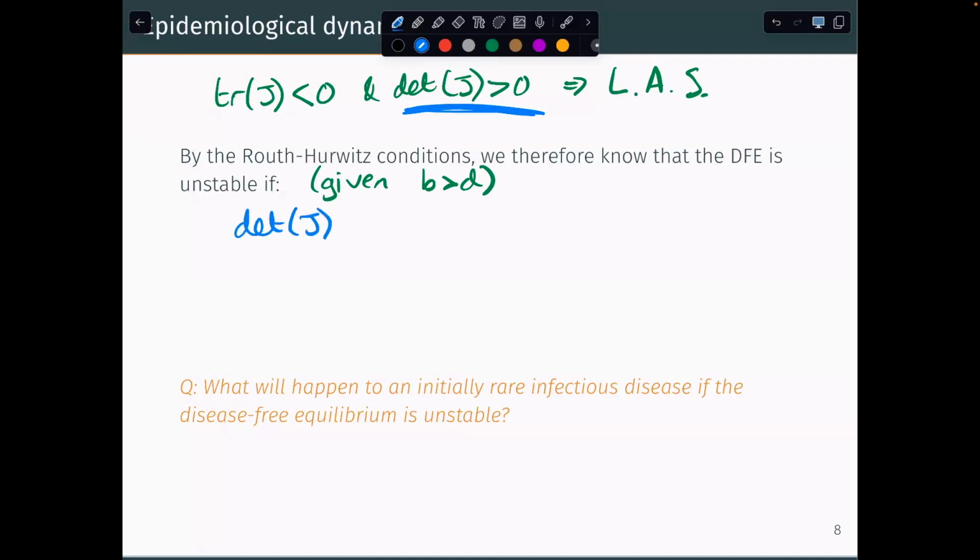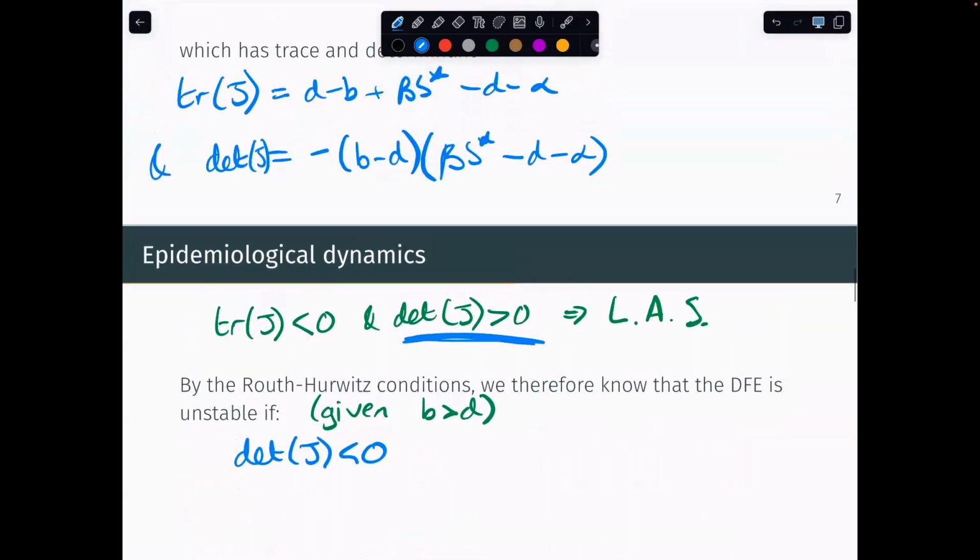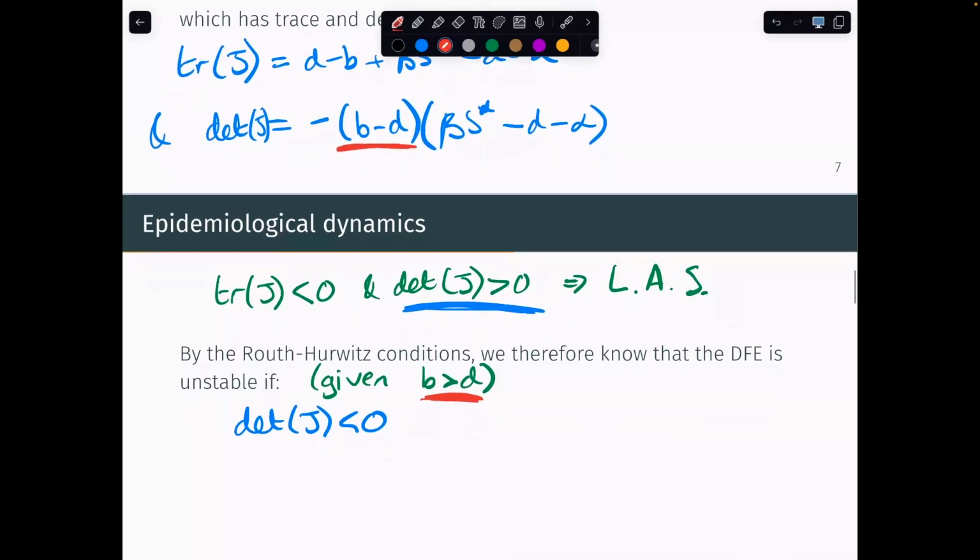Let's consider our determinant condition. What happens if our determinant is negative? What was our determinant up here? Well, we've just said we're going to assume that B is greater than D, in other words, we have births greater than deaths. So this term here is positive, and we can just divide through by that.